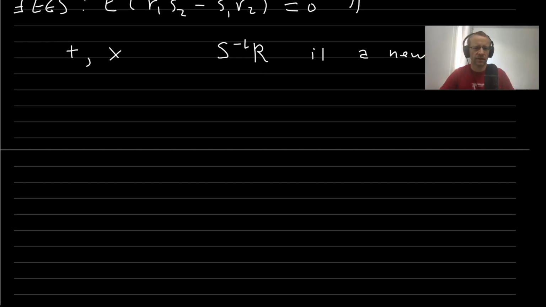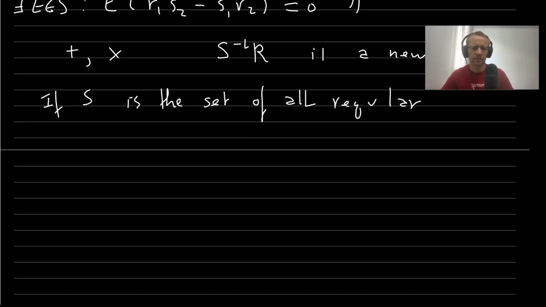Another example is when we take the set of all regular elements, that is to say, all elements of the ring which are not zero divisors, then this ring will be called the total ring of fractions.